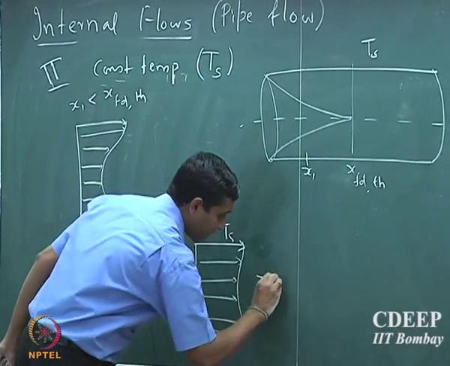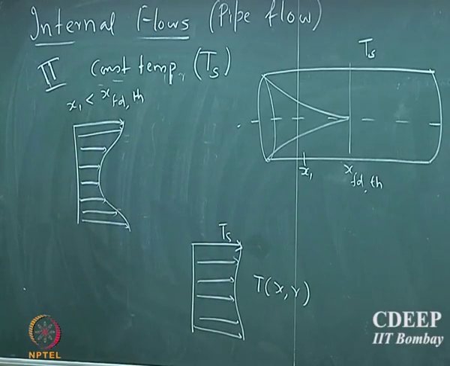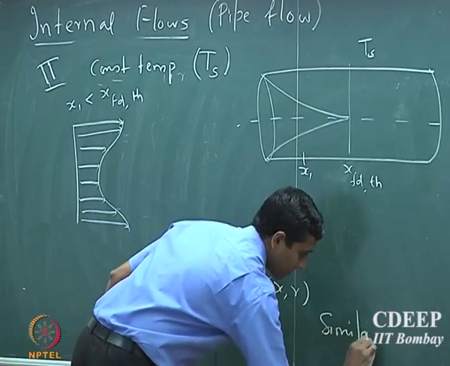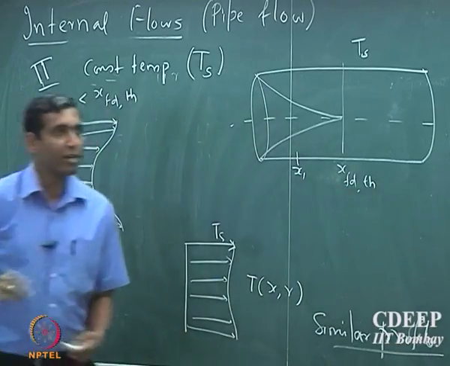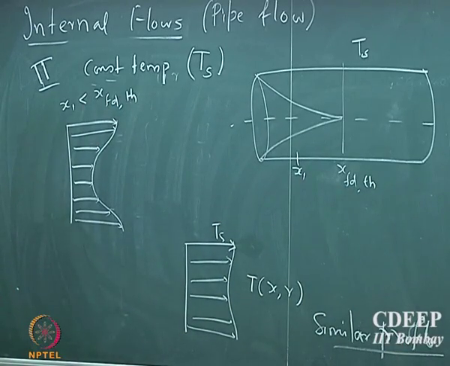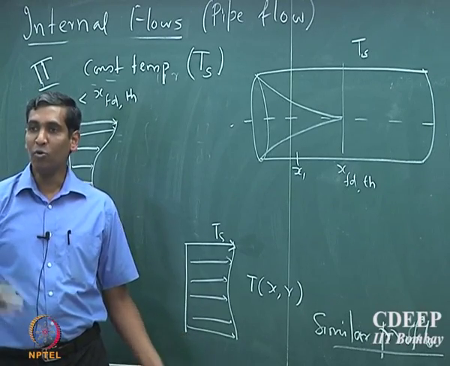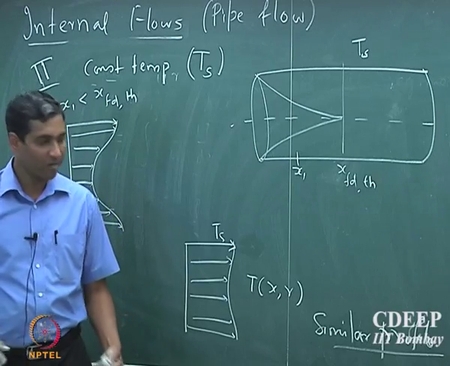Once again this will be a function of x and r, but what you will see is that you will get what is called a similar profile, and we are actually going to capitalize on this aspect that the profile is similar, and we are going to attempt to solve the problem and get the heat transport and mass transport coefficient.